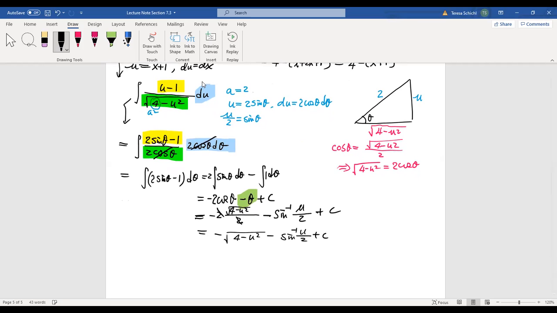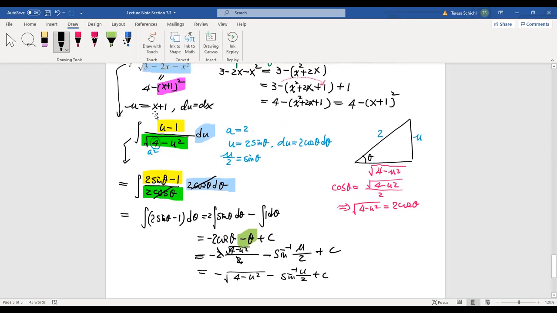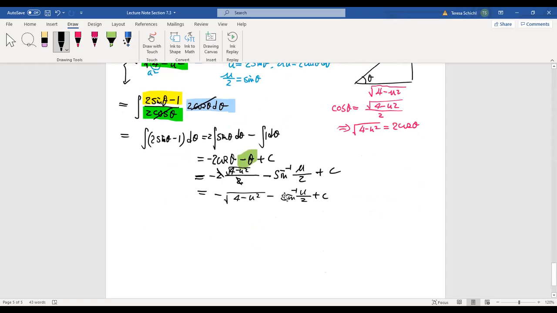Did we finish? No, we're not finished because we started with x. We need to go all the way back to x. So what is u? x plus 1. Last step: I need to substitute x plus 1 back, so it's minus inverse sine of (x plus 1) over 2 plus c.